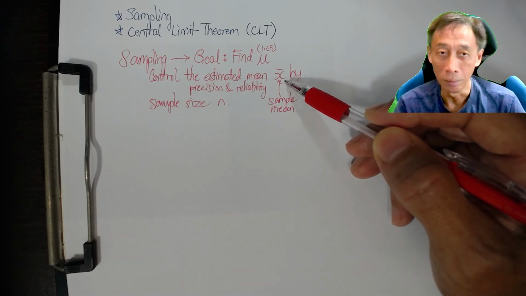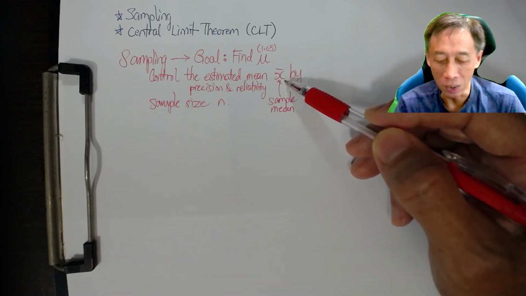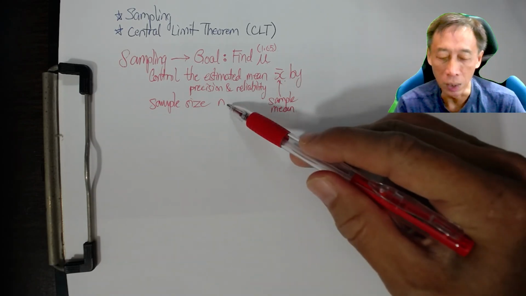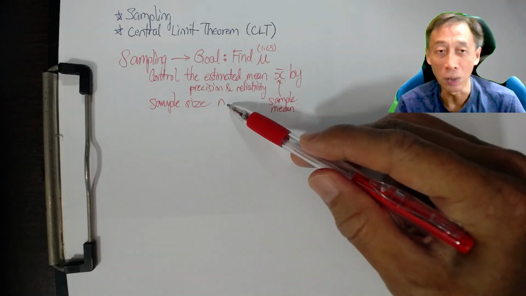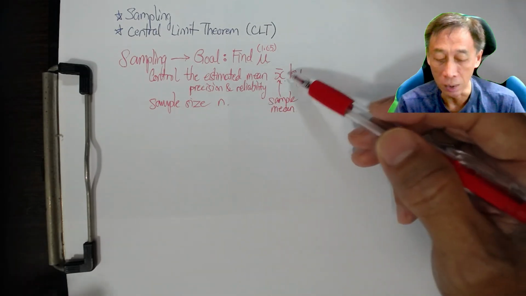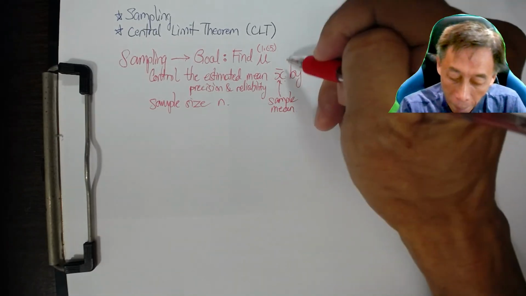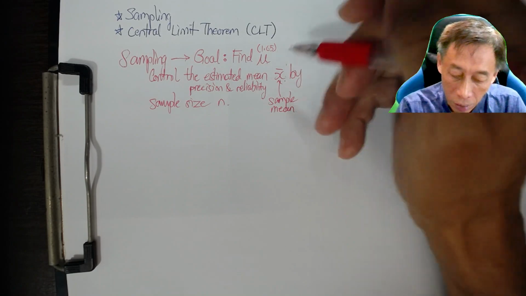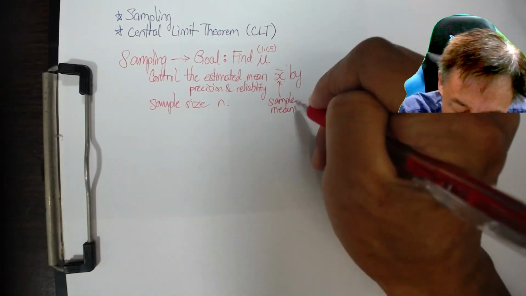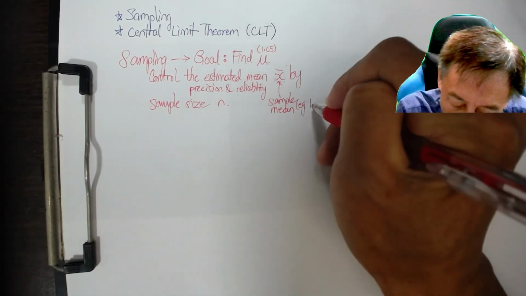But x bar is always knowable. Because if it is costing too much to know, we simply reduce n small enough. In the extreme, just two measurements. Then we can calculate x bar, and then we point estimate. We get a number, for example, 1.6.